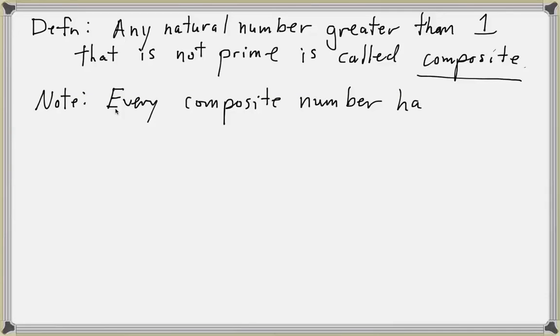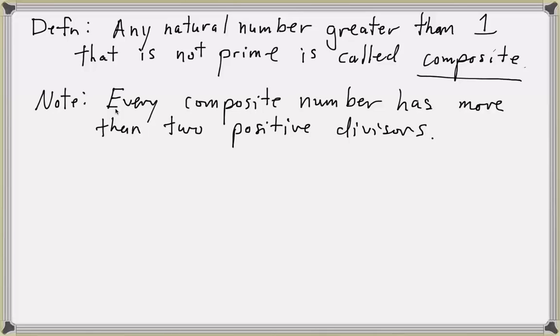We know that every natural number greater than 1 has at least 2 positive divisors, 1 and itself. If it has another one, then it's clearly composite. So let's look at some of the theorems that we can prove using this new definition of divides.